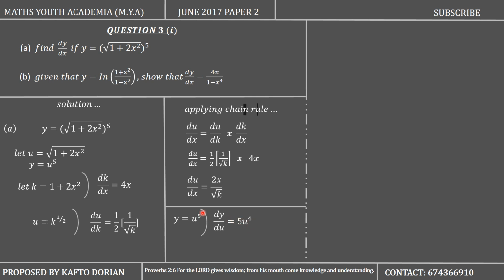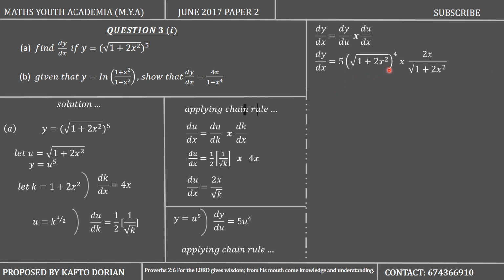As usual, we multiply the power by the coefficient and reduce the power. Applying the chain rule, dy on dx is simply dy on du times du on dx. The du will cancel, and we remain with dy dx. Our dy on du is simply 5u raised to the power 4 times our du dx, which is 2x on root k.